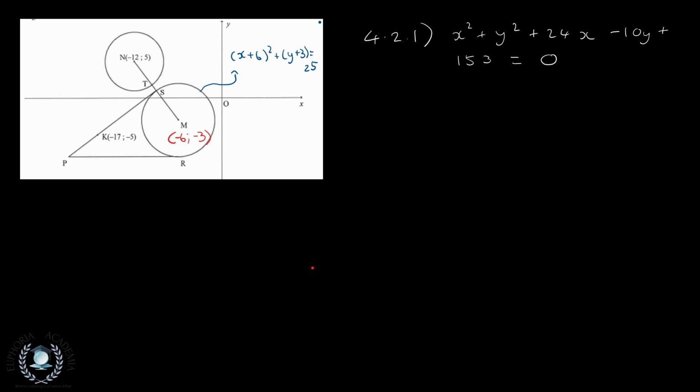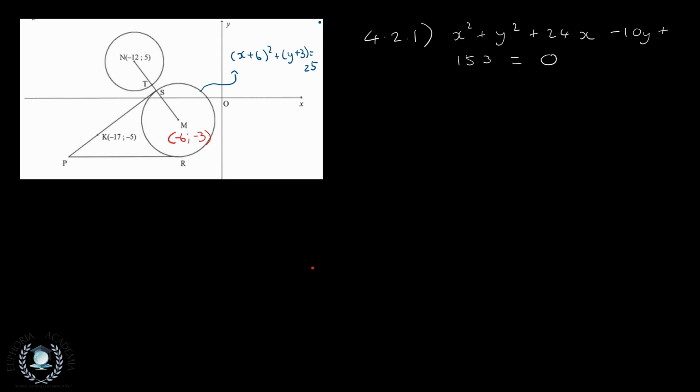Alright, so we have to write it in standard form, and if we get it in standard form, then we can get the length of the radius. With equations of circles, you need to be able to do completing the square.